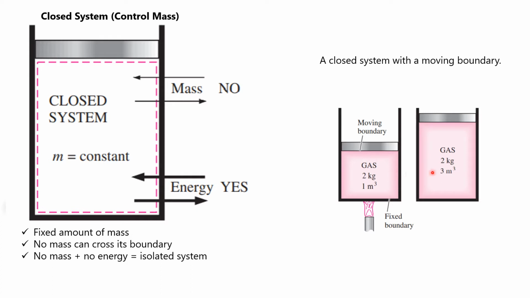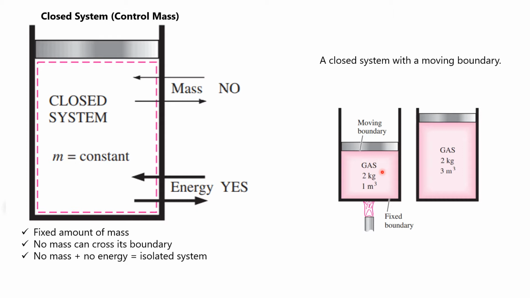Let us say that we would like to find out what happens to the enclosed gas when it is heated. Since we are focusing our attention on the gas, it is considered as our system. The inner surface of the piston and the cylinder form the boundary. In this case, this is a moving boundary and this one is the fixed boundary.